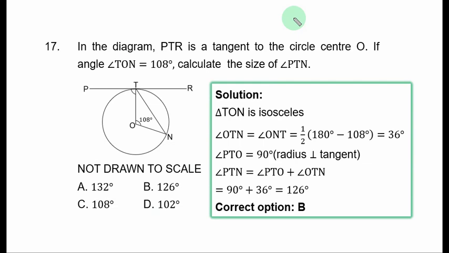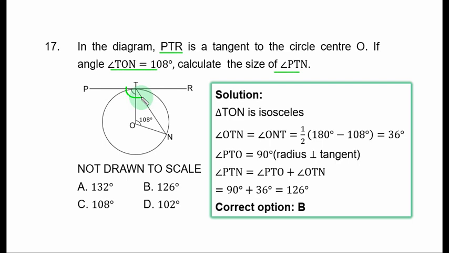Question 17. In the diagram, PTR is a tangent to the circle center O. If angle TON is 108 degrees, calculate the size of angle PTN. That is the whole of this angle, PTN.